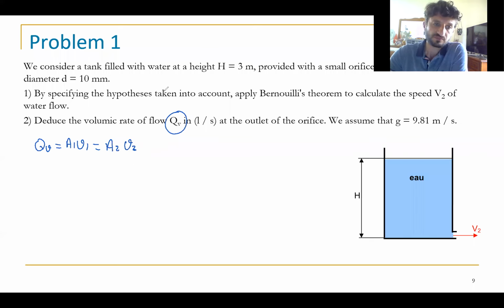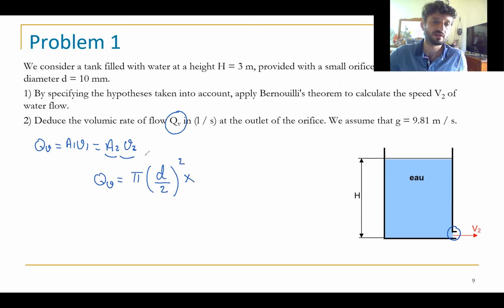So we can calculate Q from A2 V2 because we have the diameter of the orifice. QV equals pi times diameter divided by 2, squared, times V2, radical 60.